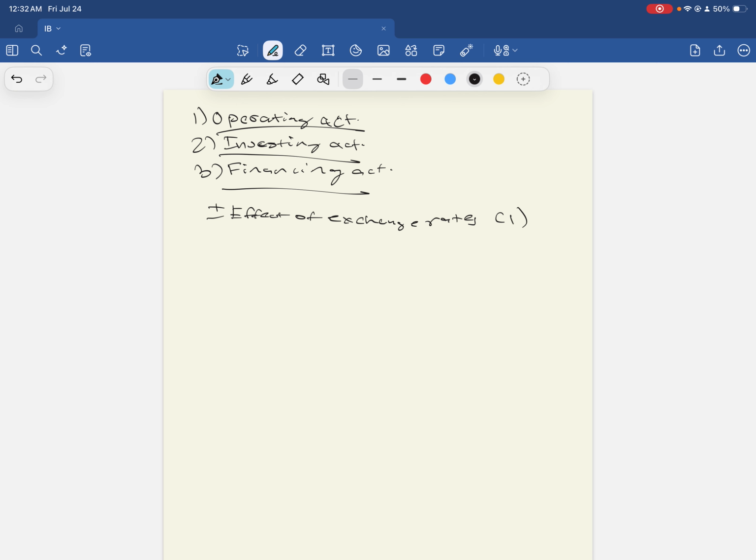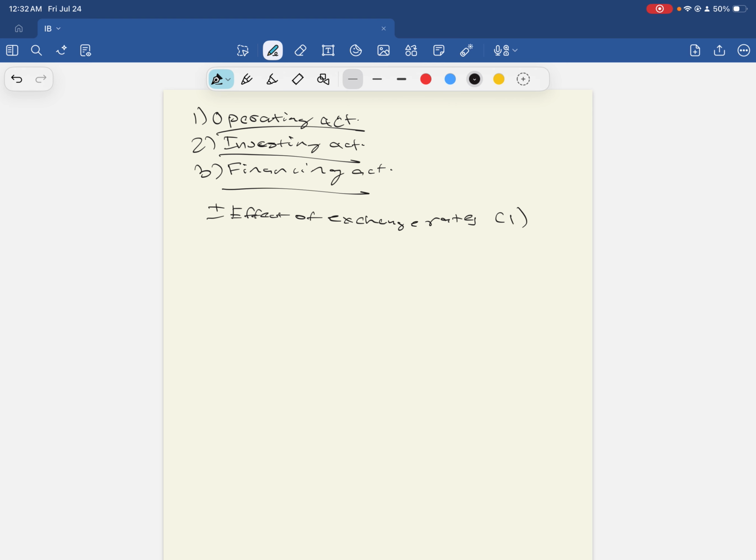Let's say this is a small adjustment for cash we hold in other currencies, for example. There's a loss or an addition of cash there, here and there. It depends, but there's going to be an addition or subtraction for the effect of exchange rates, whether it's a dollar, yen, or whatever it is.